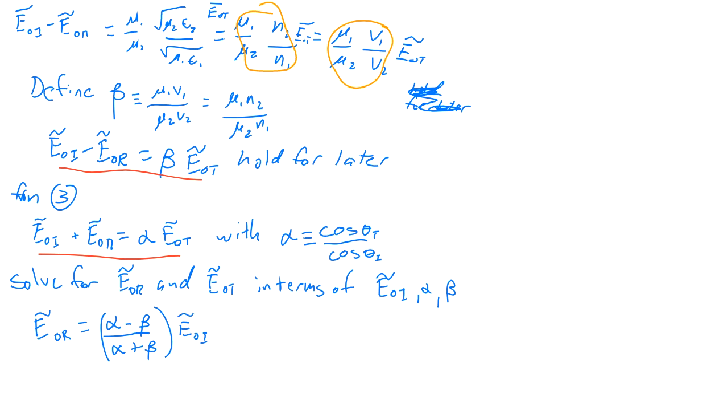And the transmitted amplitude is also relatively straightforward. We had to do a bunch of work to get to this, but that's not too bad. And so this is our result right here.